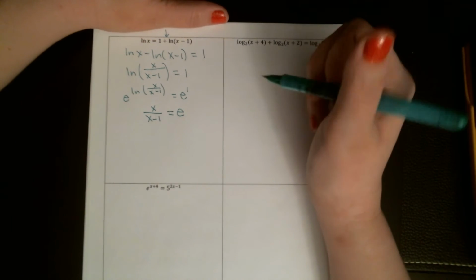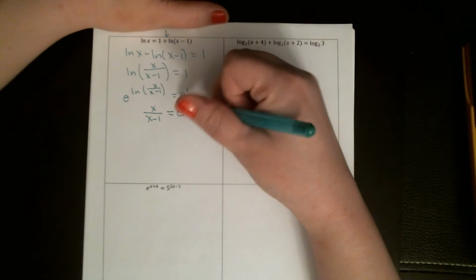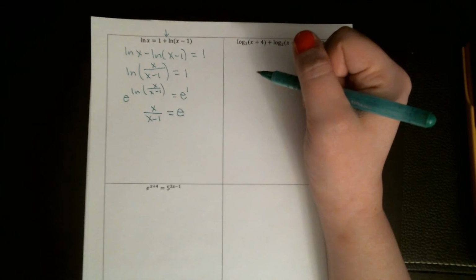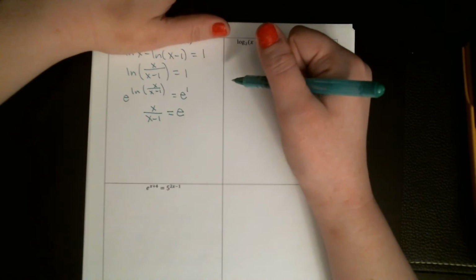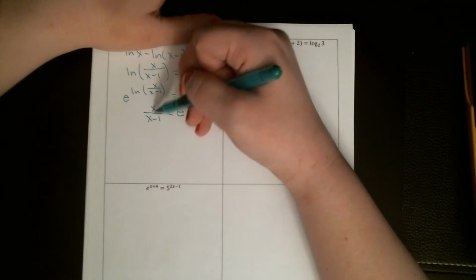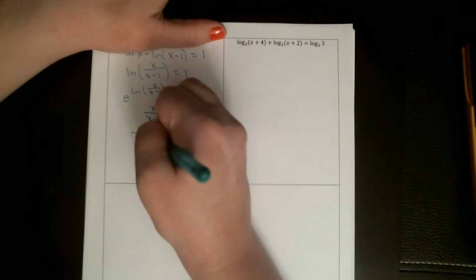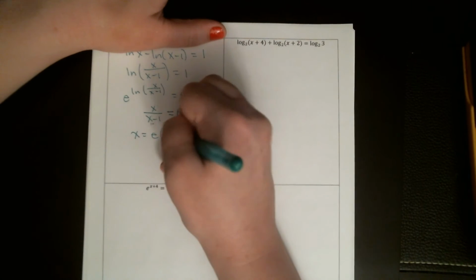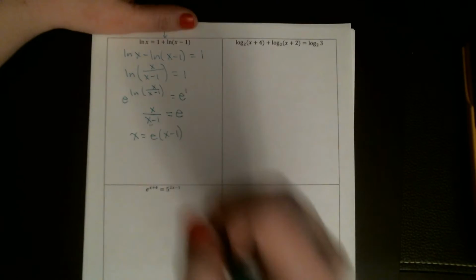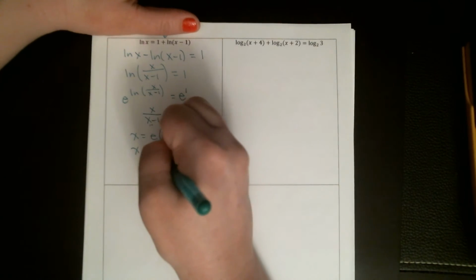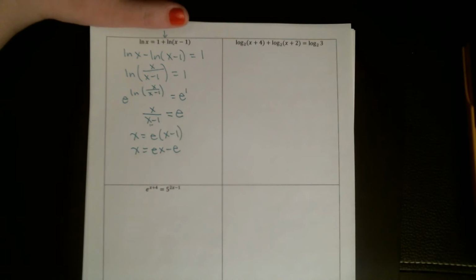Okay, so it's no longer a log equation. This is now rational. Even though that e might look kind of scary floating around, it's just the number 2.7-ish. So if I want to solve a rational equation, I want to focus on my x's. And I do have an x in the bottom, which means I'm going to go ahead and multiply both sides by x minus 1. I now have an x stuck in parentheses, so I'm going to distribute the e through the parentheses.